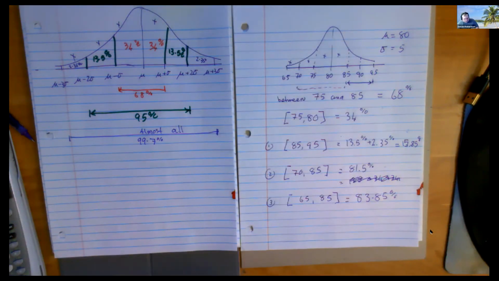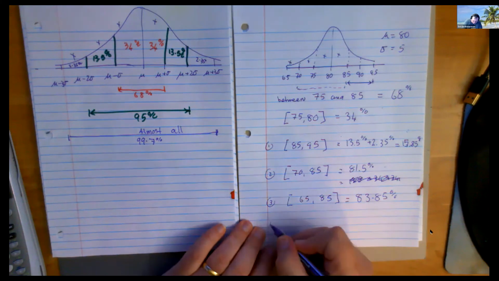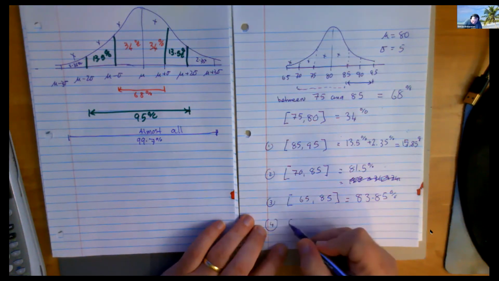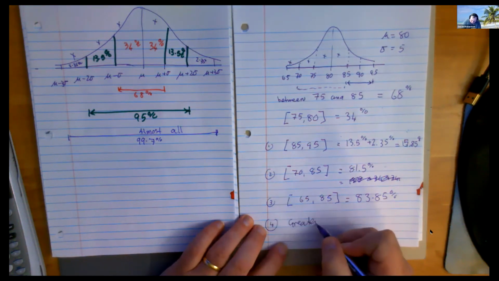And from just that, I can tell you, if it's blood pressure, what's a high blood pressure, what's a low blood pressure, what's an extremely high, what's an extremely low, how many people would get a score between this number and that number, right? I could do any of those. And I just thought of one last version of this. I'll call it number 4. And I'll do it in English.